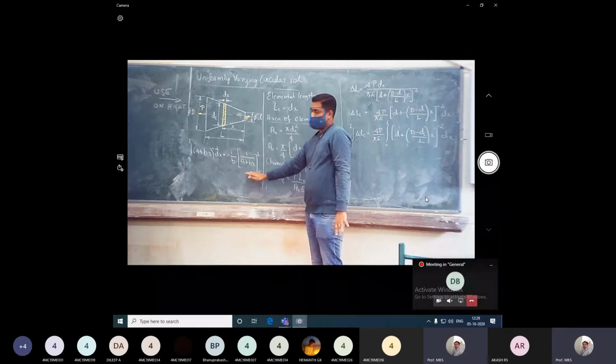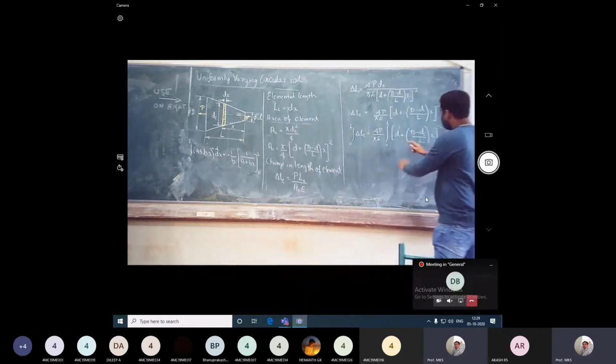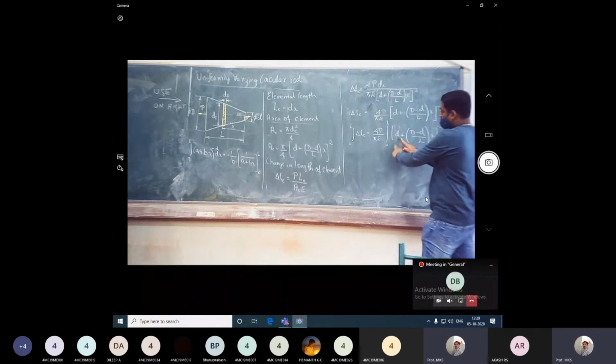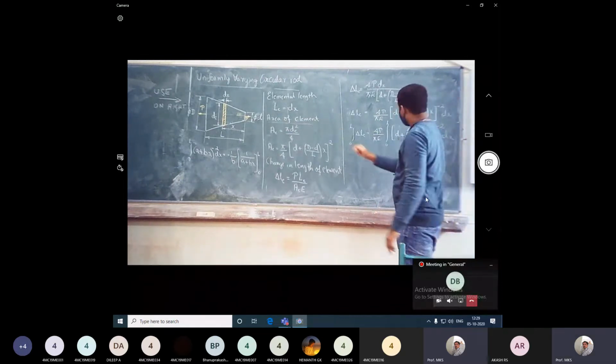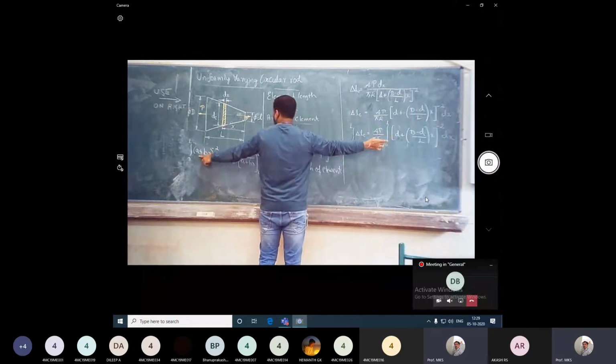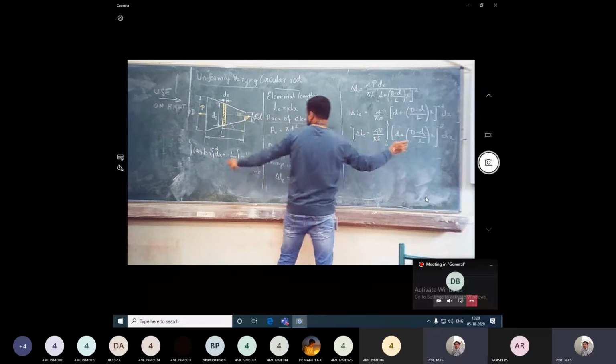You have already done this in mathematics, so just remember the equation. In terms of that, what is A? From this expression, A will be equal to d, and B will be equal to (D minus d) by L, with x as it is.